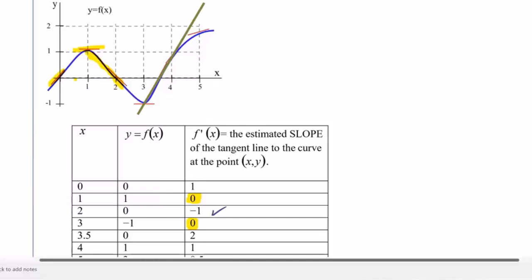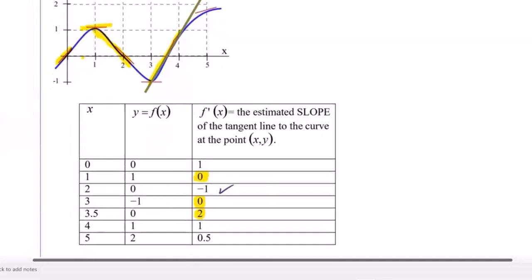At 3.5, there's another line here. And we're wondering, let's see what the slope of that line looks like. So it's kind of going like this, isn't it? Well, if I'm starting at -1, I'm going up 2 and over 1, which gives me my slope of 2.